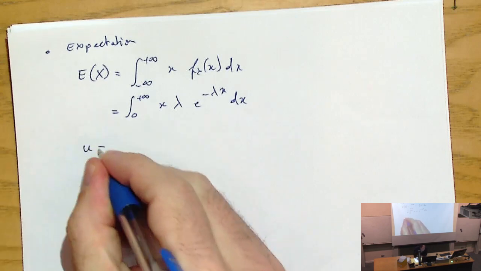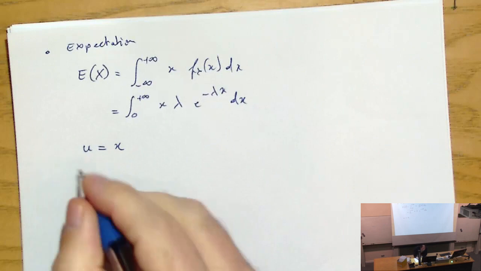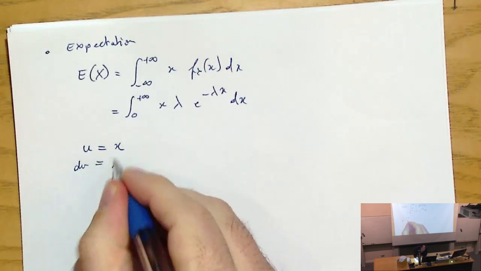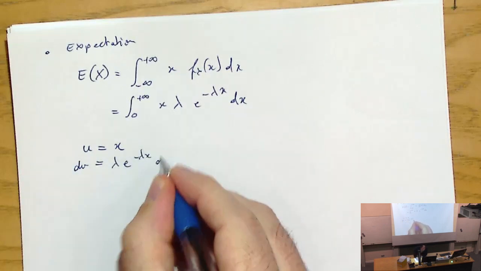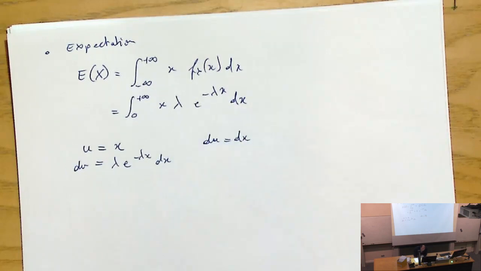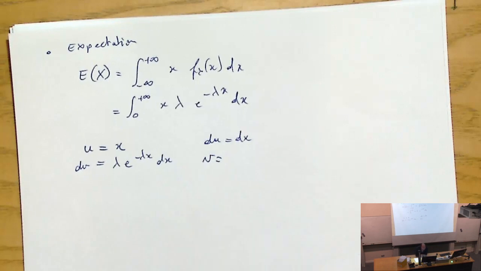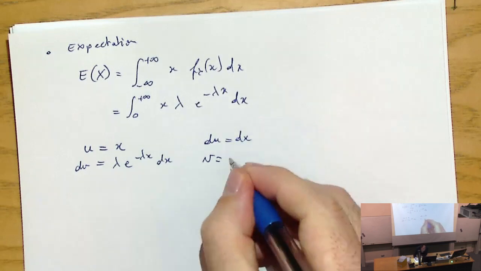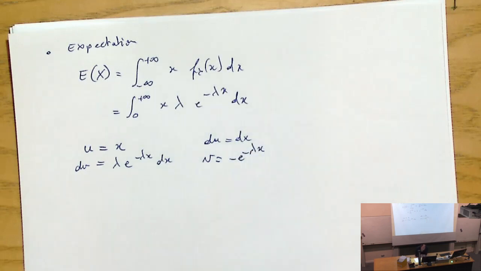So I think this is something that you should all be familiar with, right? So u is x, dv is lambda e^(-lambda x) dx, du is dx, and v is minus e^(-lambda x).